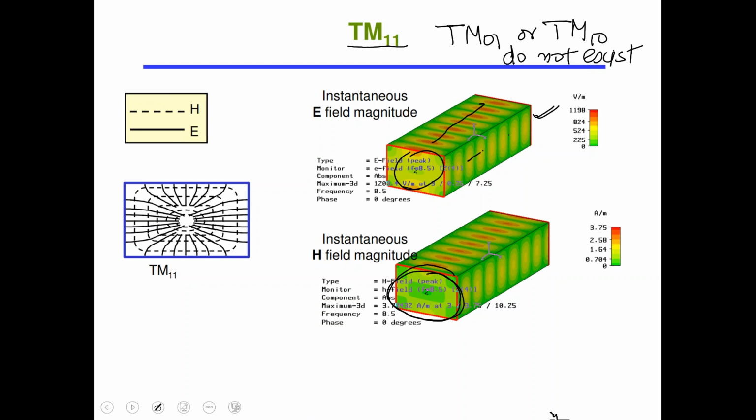So again, energy is traveling closer to the side of the walls, and in fact, most of the energy is traveling closer to the side of the walls, and thus you're going to get very high losses for TM modes as compared to the TE modes.